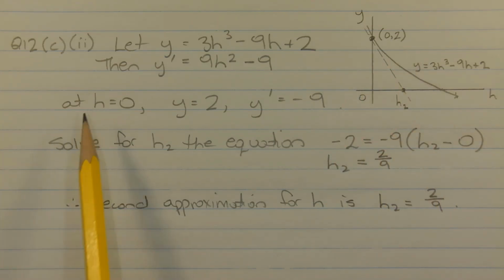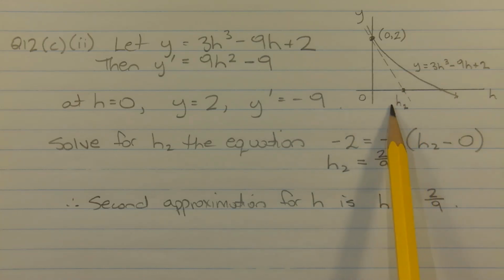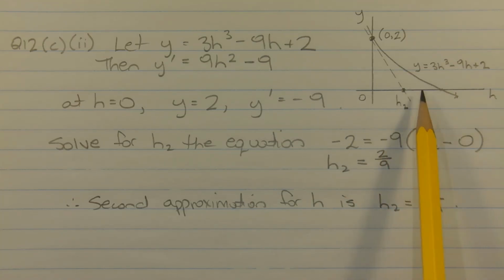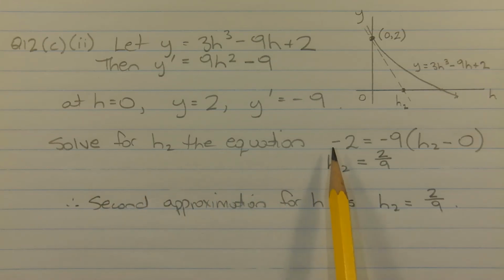Now the h variable is our independent variable, which is equivalent to our x coordinate. So using the point gradient formula, and noting that h2, which is our second approximation, has a y coordinate of 0, we're going to solve for h2 the equation negative 2 equals negative 9 times h2 minus 0 in brackets.